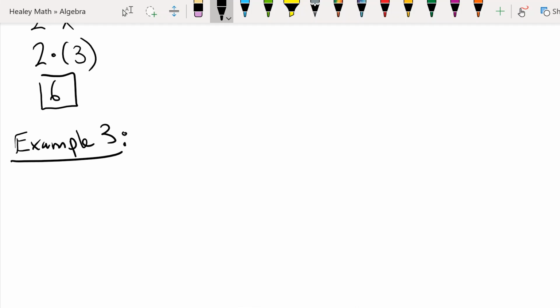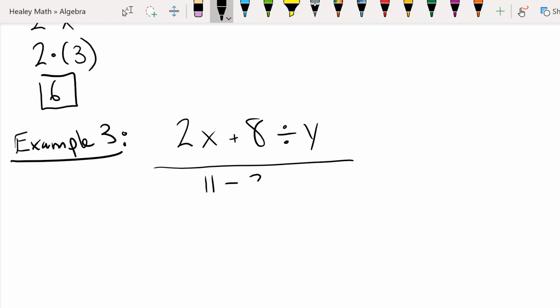Perhaps we have 2x plus 8 divided by y, all divided by 11 minus 3x. And we're given information that x is equal to 3 and y is equal to 4.